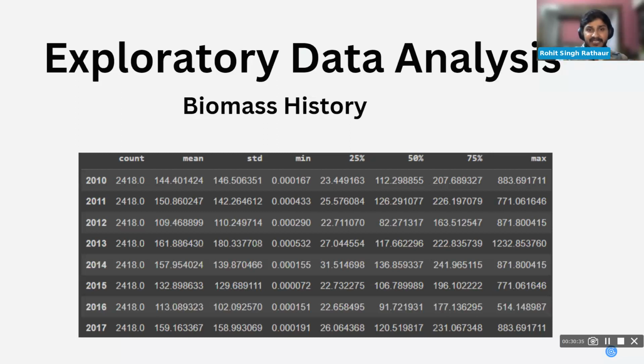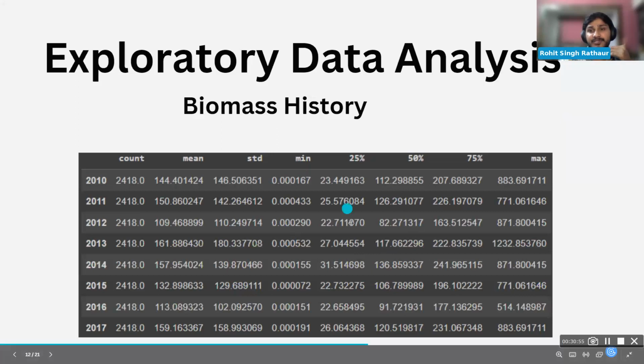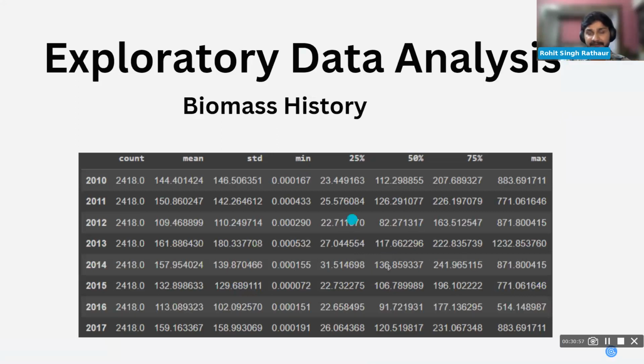First, I checked for missing values, and then I computed summary statistics to understand the distribution of biomass availability.